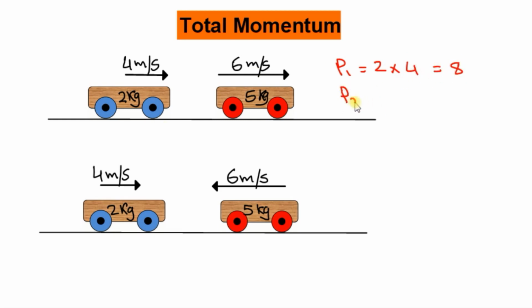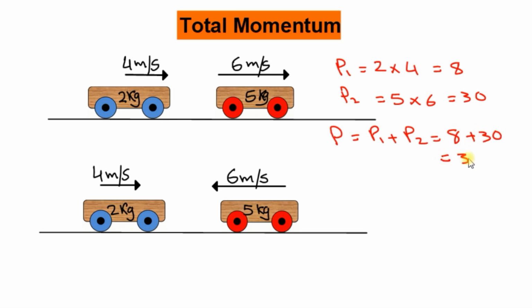The momentum of the second one is equal to 5 times 6 equals 30. So the total momentum equals P1 plus P2. Both of them are traveling in the same direction, so it will be 8 plus 30, which equals 38 kg meters per second.